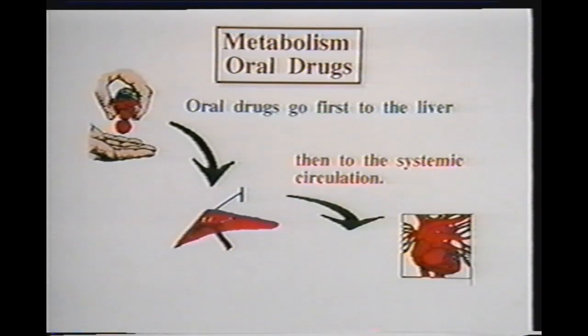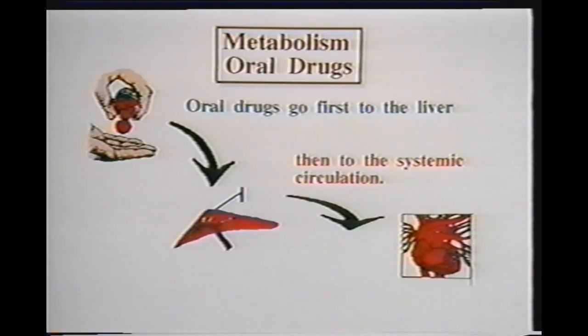Now, as we start to talk about the drugs and try to make some sense of the hundreds of thousands of drugs that are available for us, I think we first need to get a few concepts about drugs themselves. If we think about the metabolism of oral drugs, they go first to the liver, then to the systemic circulation.